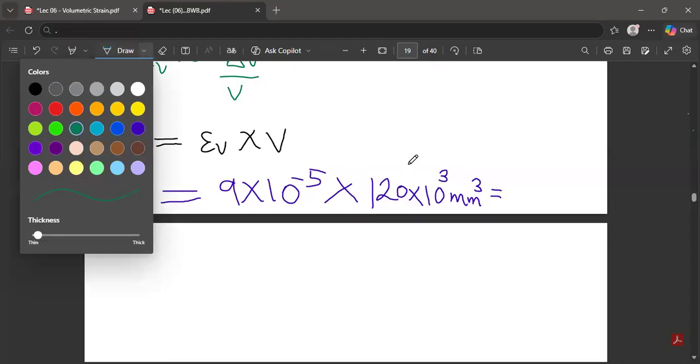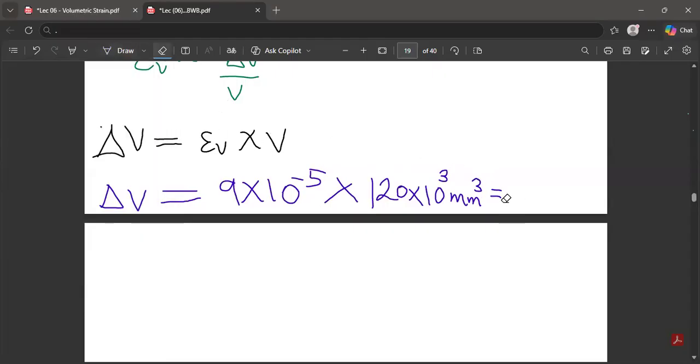So finally, this is going to be our final answer, and our final answer is going to be equal to 10.8. That is if you multiply 9 times 10 exponent negative 5 by 120 times 10 exponent 3, you are going to get 54 over 5.